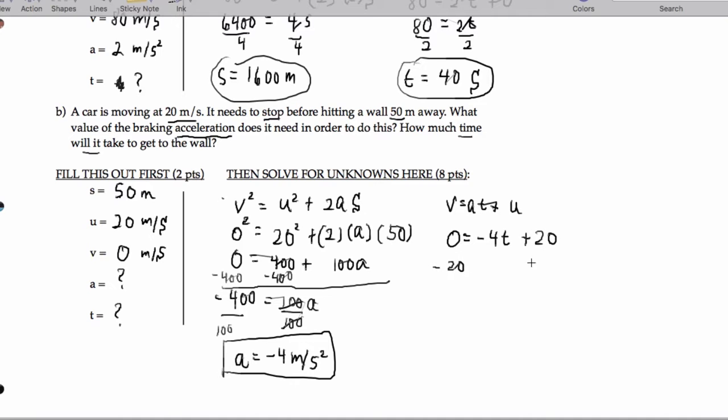Let's subtract 20 from both sides. That's going to give us negative 20 equals negative 4 times t. We'll divide both sides by negative 4. This cancels. And so we're actually left with 5 seconds as the time that we solved for.